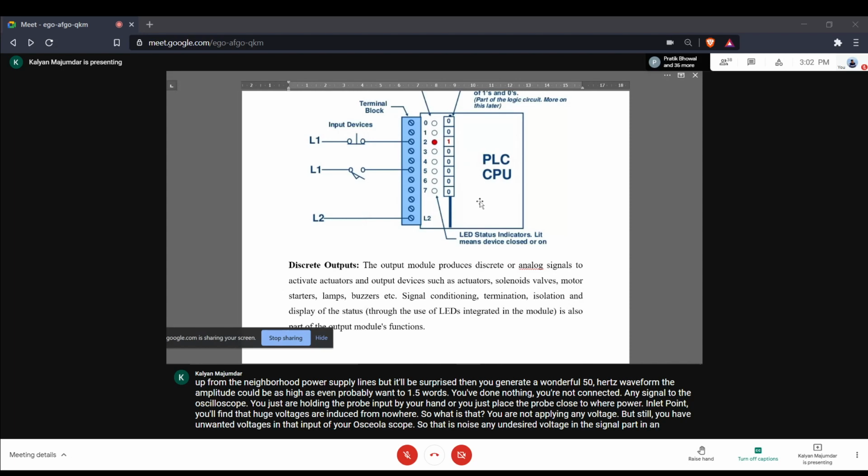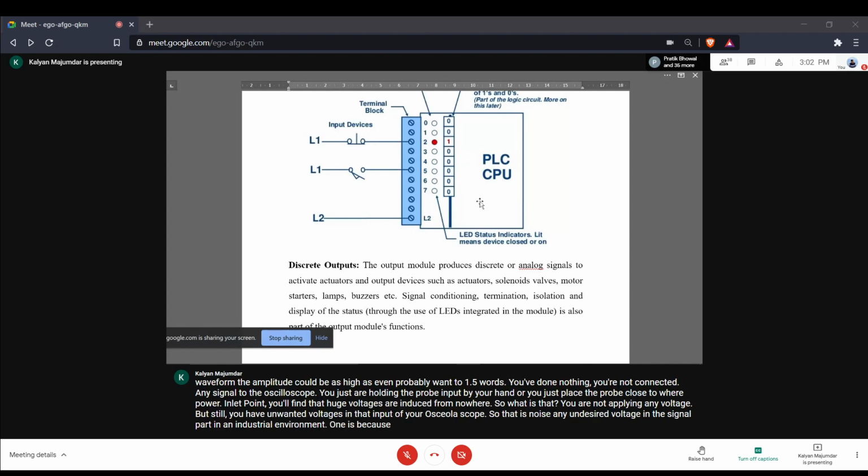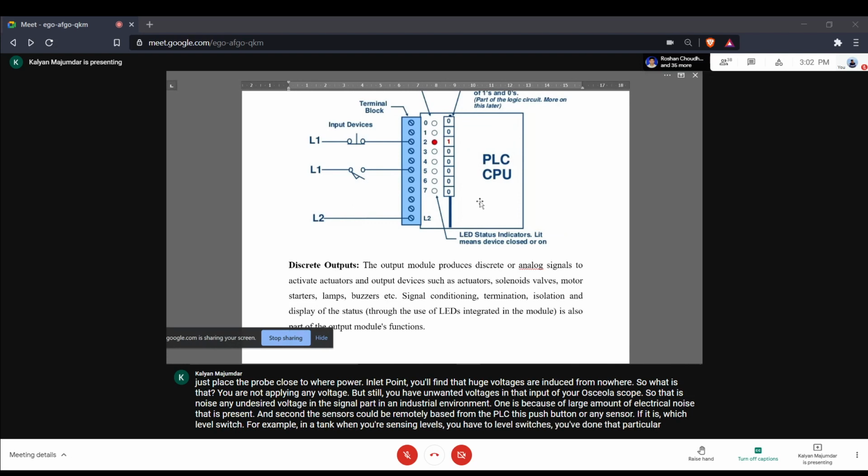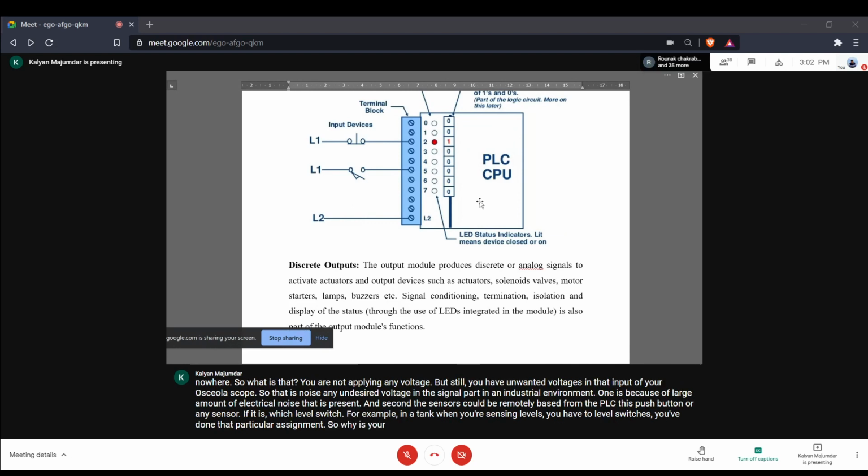In an industrial environment, one issue is the large amount of electrical noise that is present, and second, the sensors could be remotely placed from the PLC. The push button or any sensor, temperature switch, level switch, for example, in a tank when you're sensing levels, you have two level switches. You've done that particular assignment. So where's your tank? Tank probably is on a rooftop. So there on the rooftop, you have two level switches.